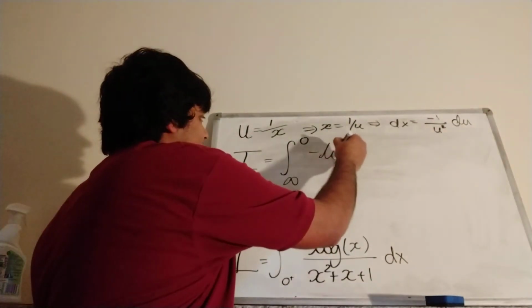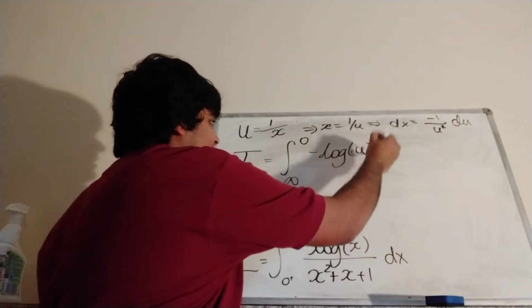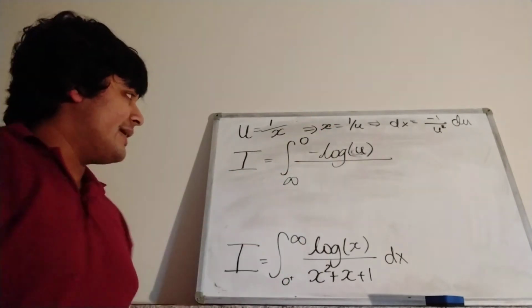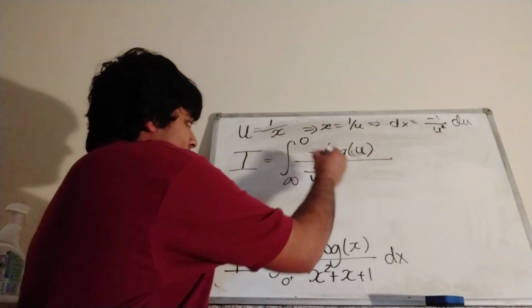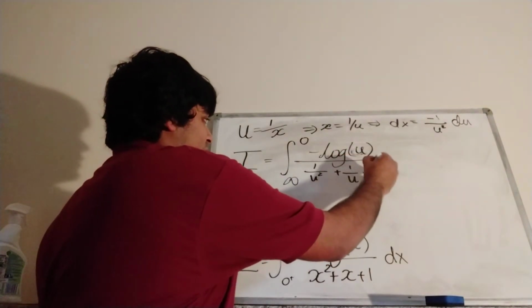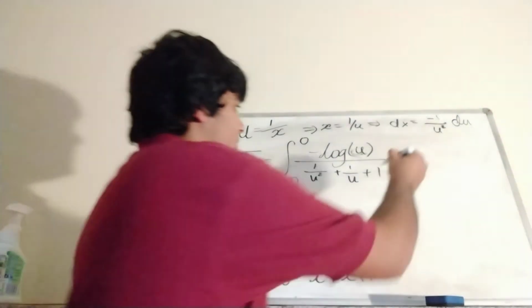So this is minus log of u divided by, now x squared is 1 over u squared, x is 1 over u, and then 1 is just 1, and then dx is minus 1 over u squared du.